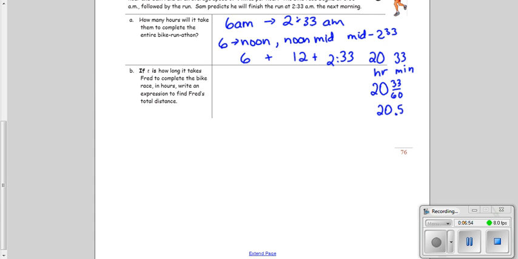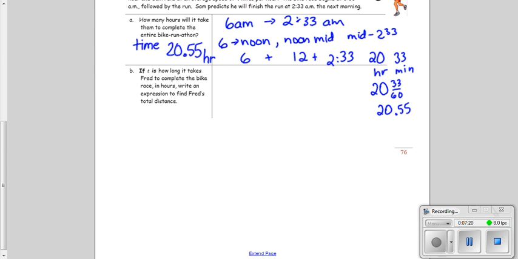So 20.55. Now this is not 20 hours and 55 minutes, it's 20 hours and 55 hundredths. So let's see, our total time is 20.55 hours.